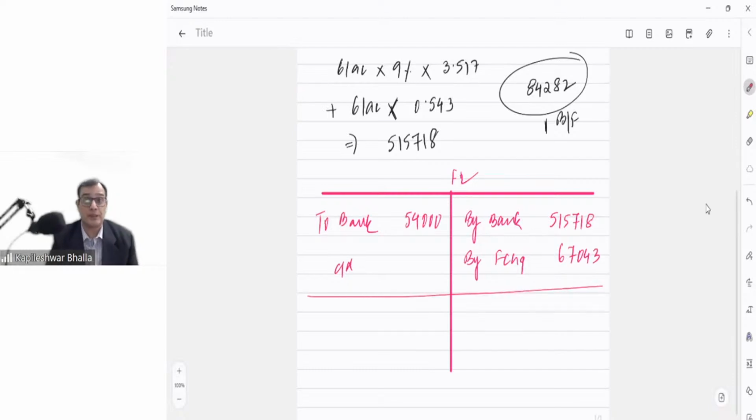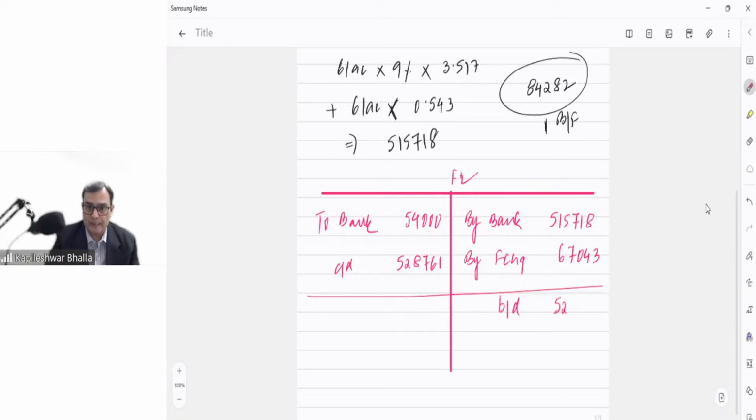And we're going to make this ledger account for a period of 3 years, that is up to the date of early redemption. So 515,718 plus 67043 minus 54,000. And this works out at 528,761.